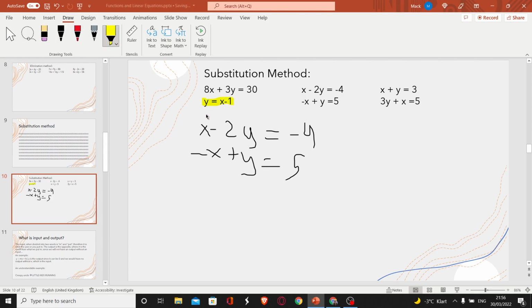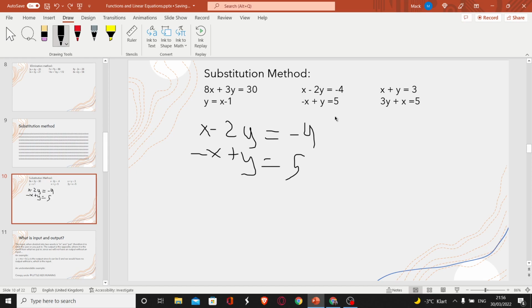We can see that we are given y and there's nothing adding or subtracting y, it's only y, and we know that y is x minus 1, right, for that question. So this is what we need to do in this question as well. But as you can probably notice, we are not given something like y equal to something. We are given minus x plus y equal to 5.